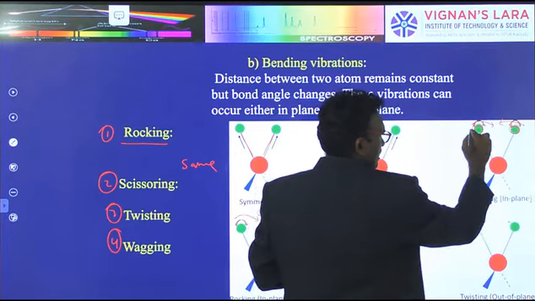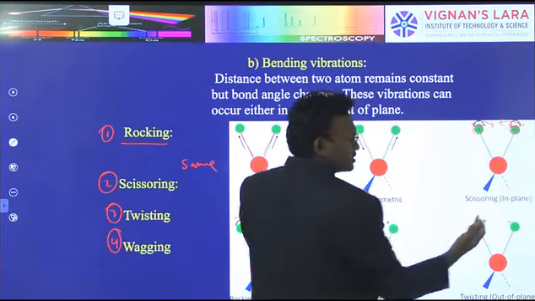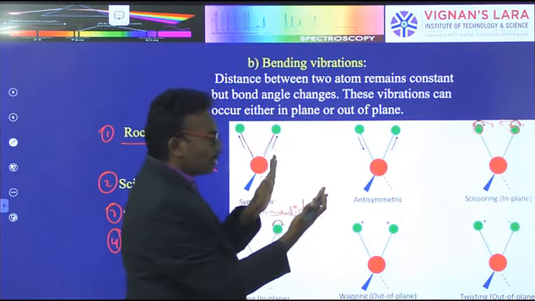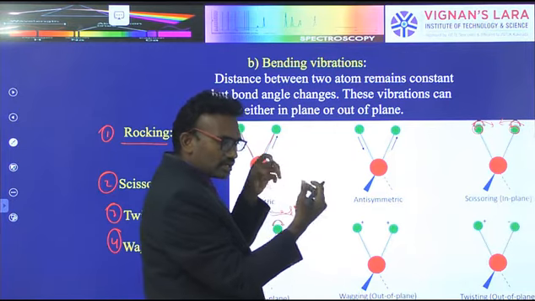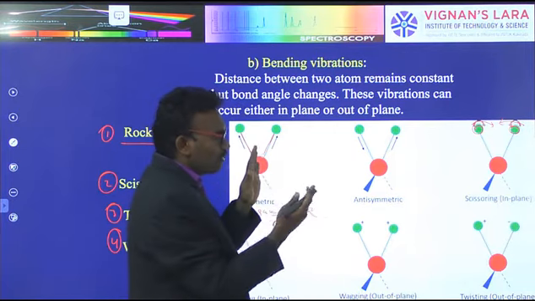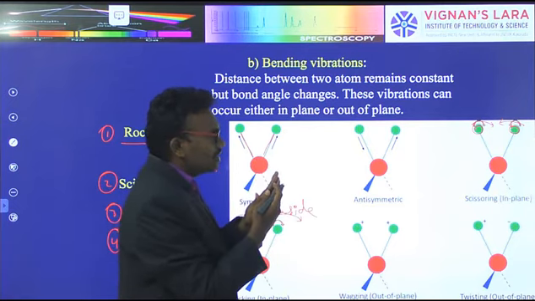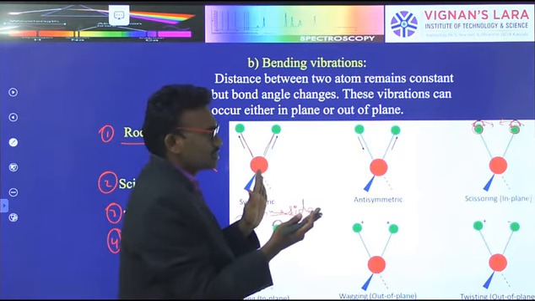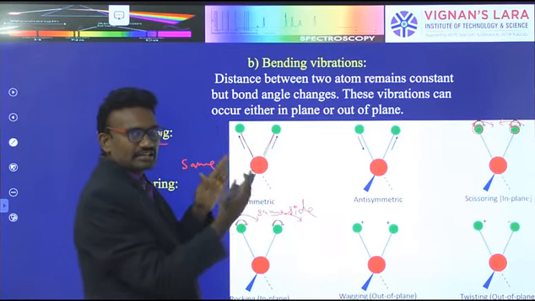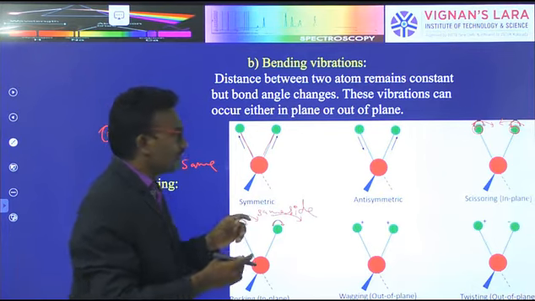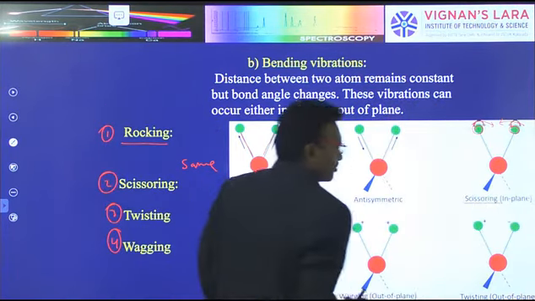For example, this atom is bended to the right side and this atom is bended to the left side. Both atoms come very close, and then the distance increases. So the vibration has a scissoring nature, like a scissoring process. Okay, this is the scissoring bending.